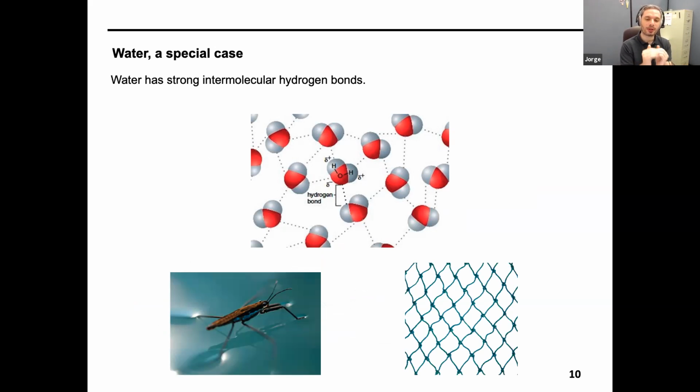Because the hydrogen bonds are so strong at the surface of the water, it creates a thin layer that can support, for example, small animals. Because they are very light, they can stand on the water without breaking the hydrogen bonds, and they can float on the water.